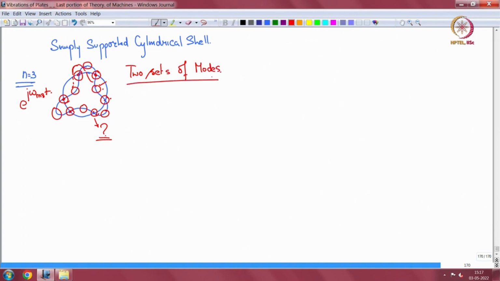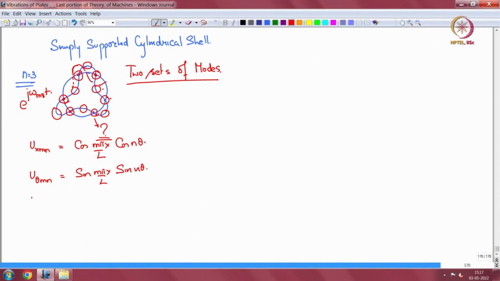So for the simply supported cylindrical shell, U x m n, one set is cos m pi x by L cos n theta, U theta m n is sin m pi x by L sin n theta.